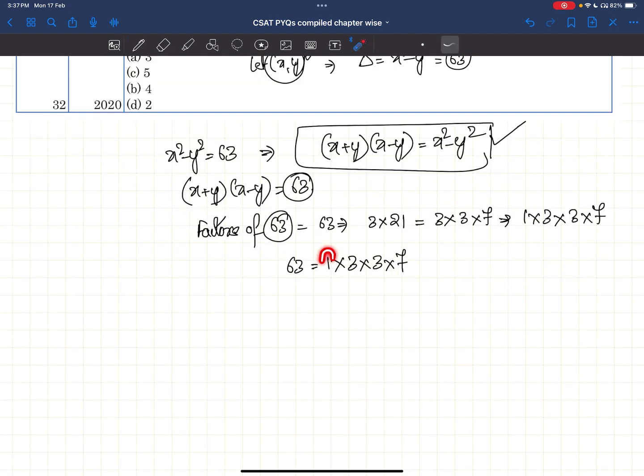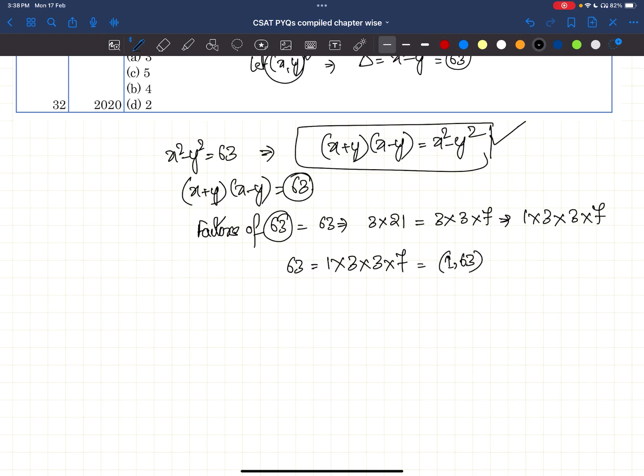If you consider 1 as a factor, then 1 into this entire thing will become 63, right? Now this entire pair we have to consider, meaning 3 into 3 into 7. 3 into 3 is 9, 9 into 7 is 63. This is one pair.